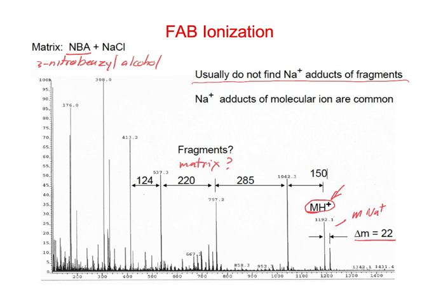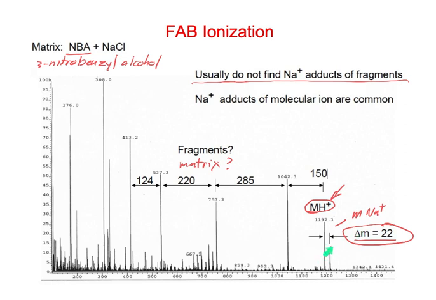How do we know that one's the molecular ion again? Well, in this case, I guess this difference of 22 tells us that this upper peak is the M plus sodium. And because we usually only see M plus sodium of the molecular ion, that's one indication.